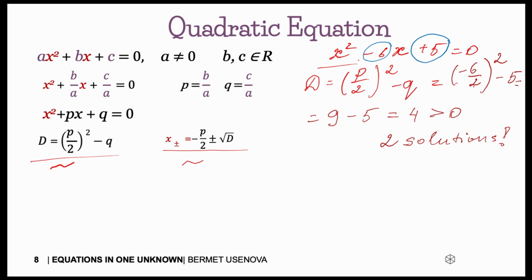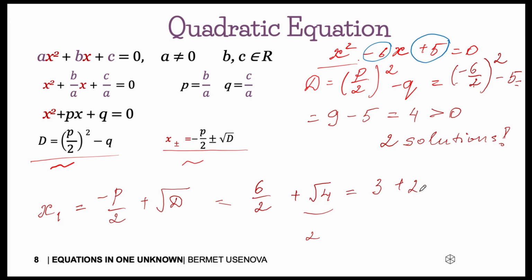So we will calculate x1. X1 will be minus p divided by 2 plus square root of d. Minus p is the opposite of minus 6, which is 6. 6 divided by 2 plus the square root of 4, which is 2. So overall we have 3 plus 2, which is 5.